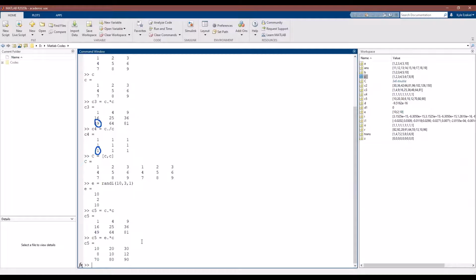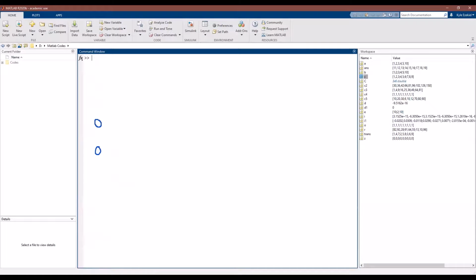Okay. So if you would notice, what happened here is the column vector E got multiplied to the matrix C. Okay, I suppose I should do this a bit cleaner.